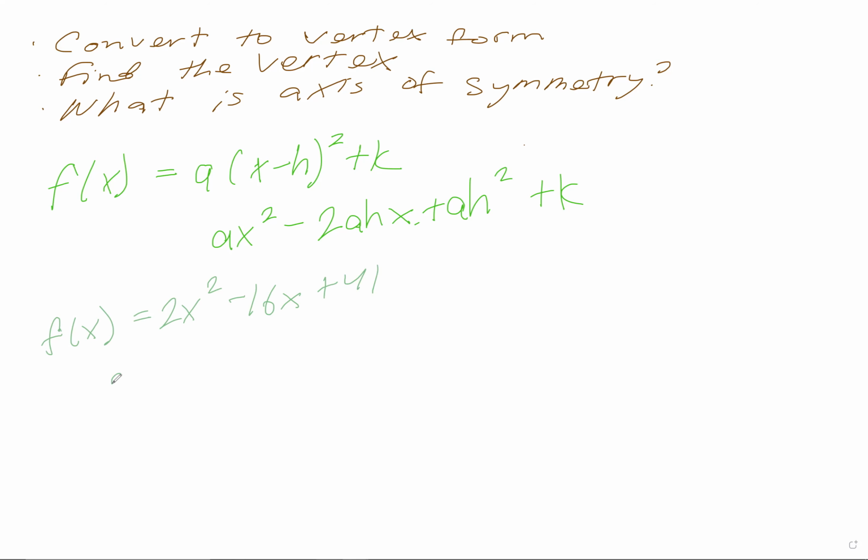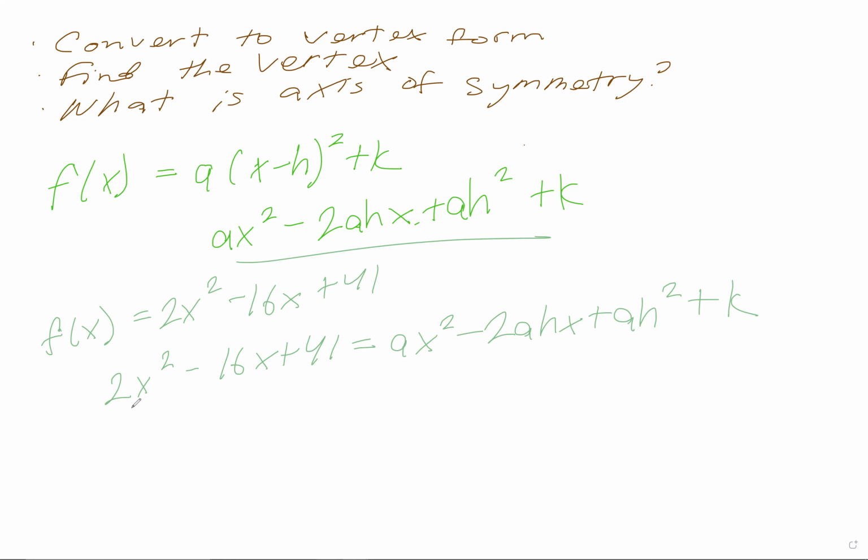So what we do is we set what you're given equal to this. Then we pair up our terms. This goes with this because they're both in front of an x squared.